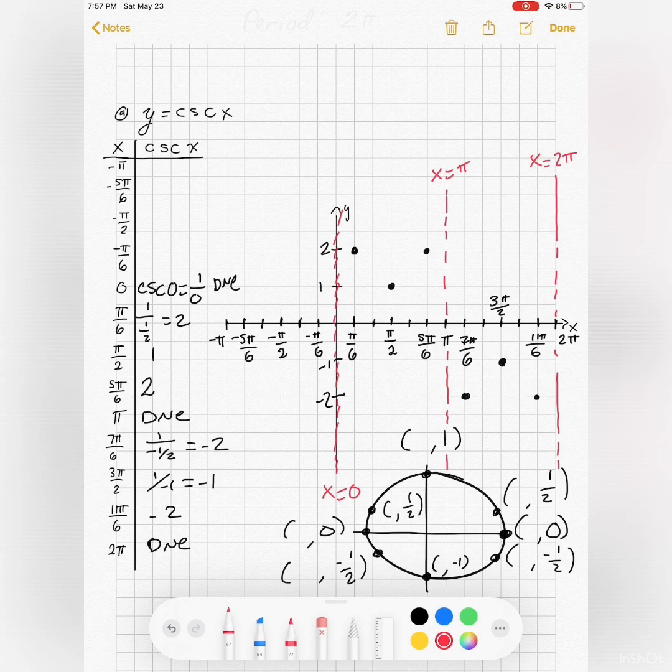Okay, do you see the pattern? I mean, we could continue. And let's see, on the left, I'd have negative 2, negative 1, negative 2, asymptote. So again, these alternating U-type shapes.